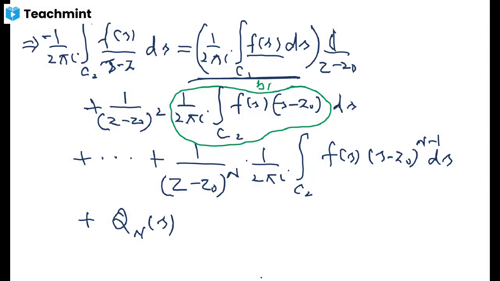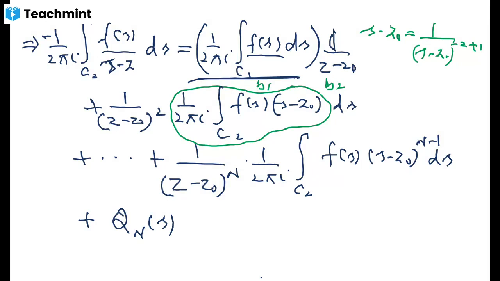And then this is b2. Here you have zeta minus z naught, but this is the same as writing 1 upon zeta minus z naught to power minus 2 plus 1. You don't have any problem. This is again the same. This is the way I'm writing.